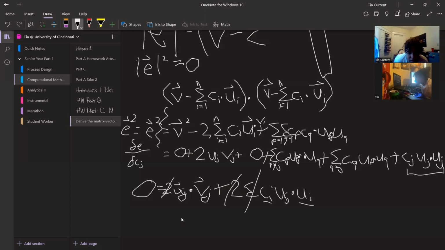And you do the same algebra as you did earlier, where you say, oh, well, our CI, or whatever C it is, is equal to, put this on the other side.